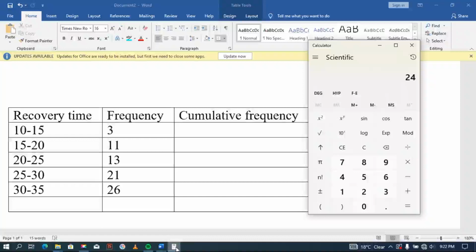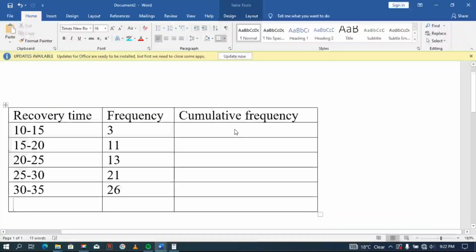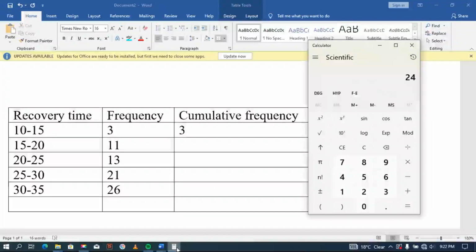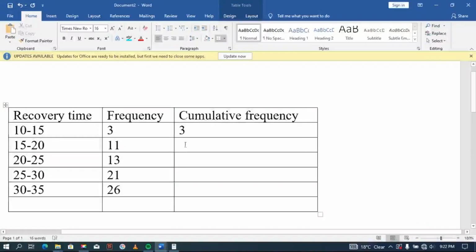Then the next cumulative frequency will be 3 plus the next frequency of 11, which is 14. So to get this cumulative frequency of 14, we get 3 plus 11.